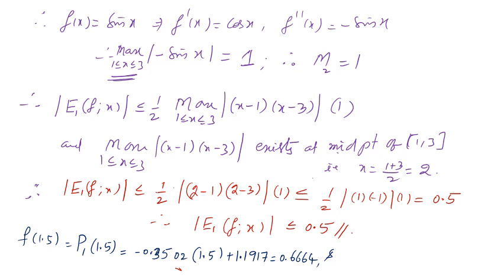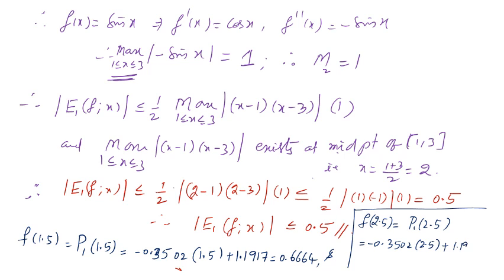Another one, f of 2.5, is required. That is P1 of 2.5, equal to minus 0.3502 times 2.5 plus 1.1917, so this value is 0.3162. This is the first case over the interval 1 comma 3.